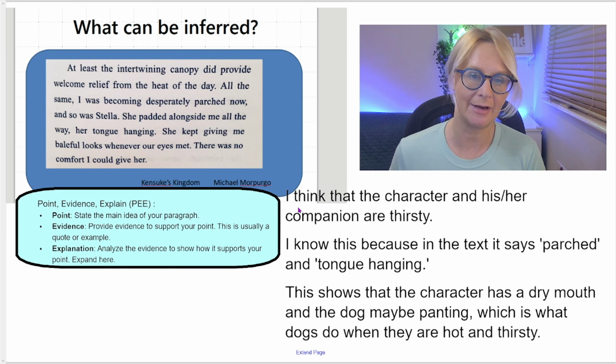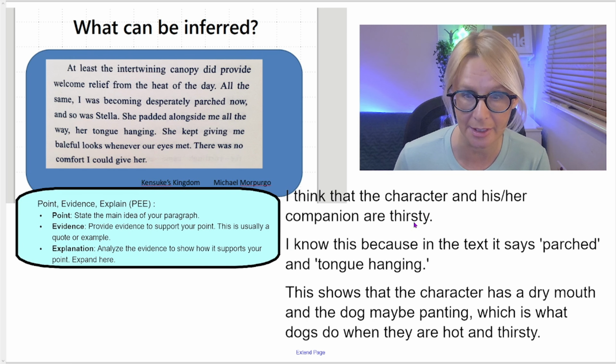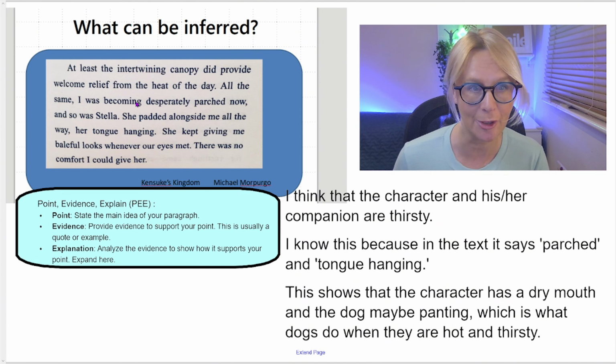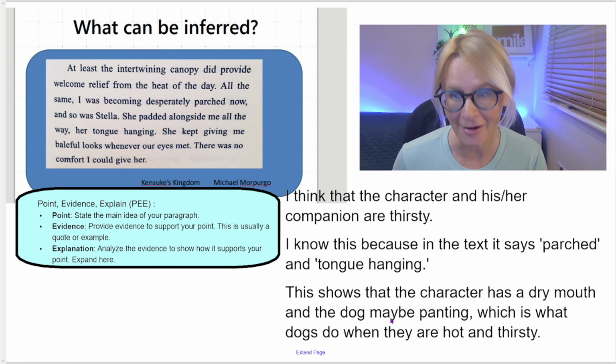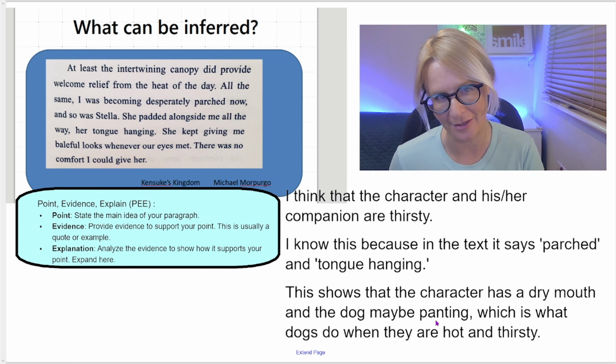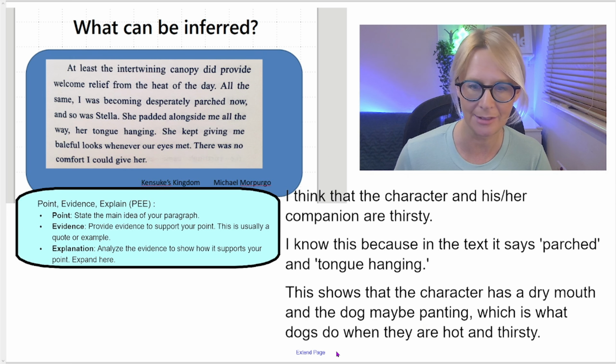So clearly here I've got three parts to this, which forms my P. I made my point, I gave my opinion. My opinion is I think they're thirsty. The reason why I've come to that conclusion is I observed the word parched and I observed the words tongue hanging, which I infer to mean that they have a dry mouth, that they are panting, therefore they are thirsty. So it all leads round and backs up my opinion.